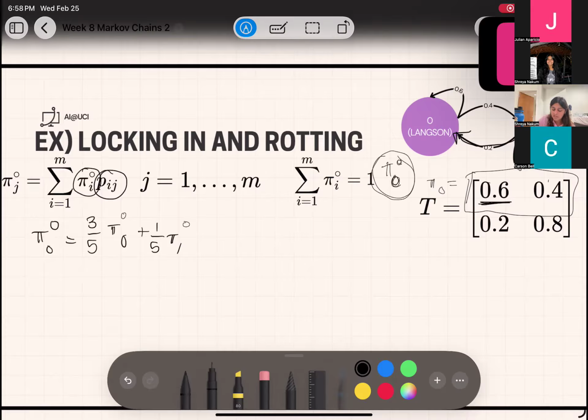The steady state probability is just a number: no matter what time it is, it's the probability that you're in Langston, because eventually this will reach a steady state and the probabilities will become fixed.